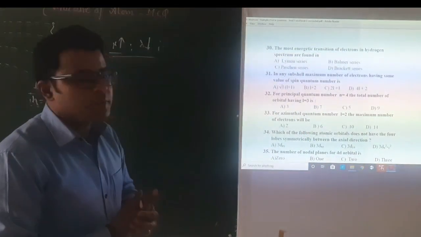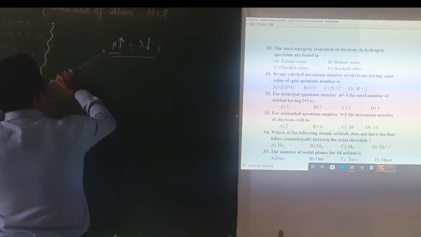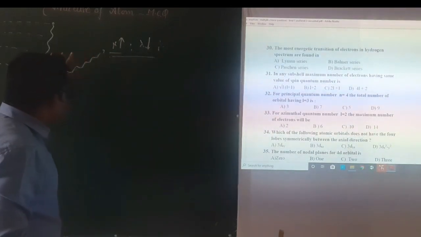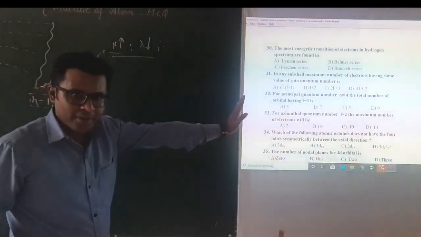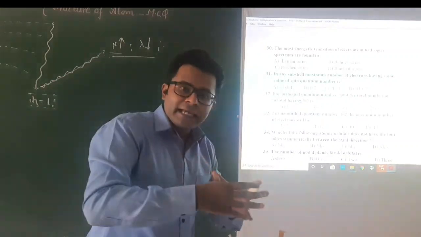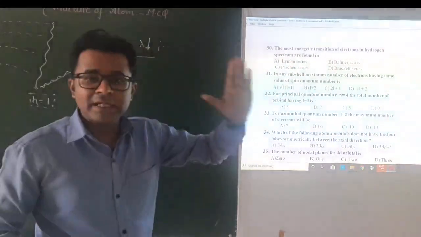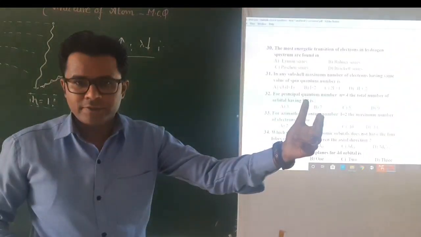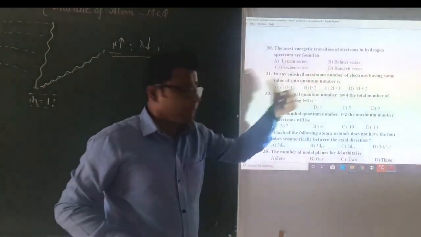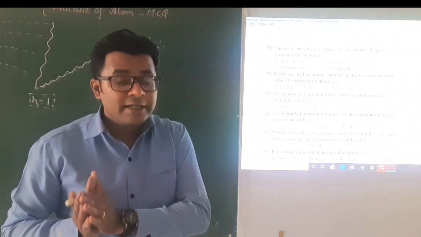A second possible explanation you can give is about the energy of these radiations. The radiations of the Lyman series are in the ultraviolet region. The Balmer series radiations are placed in the visible section. For the Paschen and Brackett series, we get these radiations in the infrared section.